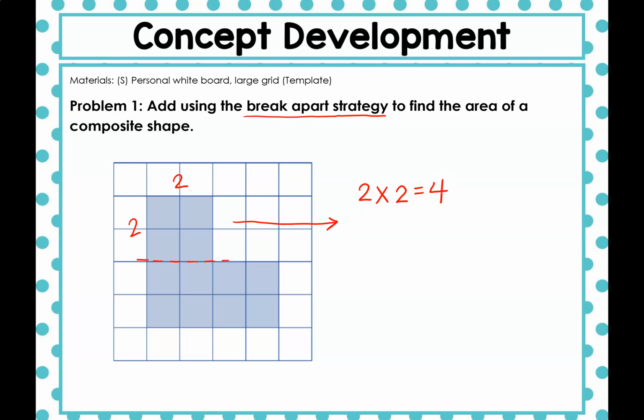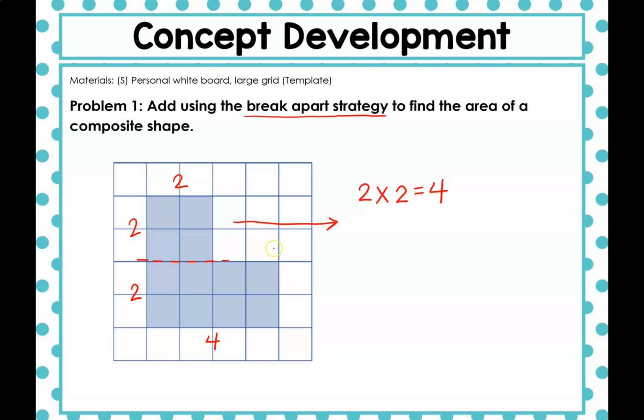So the area of this shape up here at the top is 4. Now let's look at the one down here. If we look at this side here, there's 2 boxes, so that one is 2. Then if we look over here, we have 1, 2, 3, 4 boxes measuring along this side. So this would measure 4.